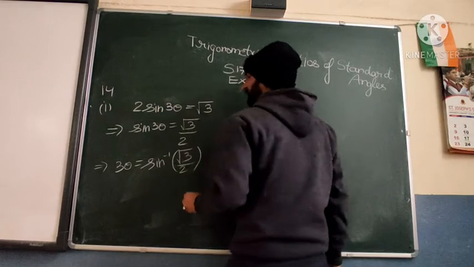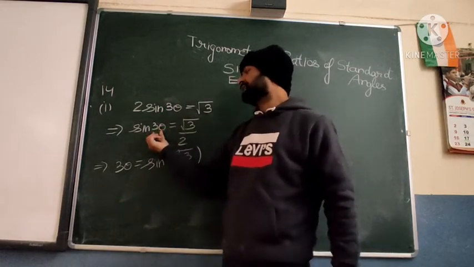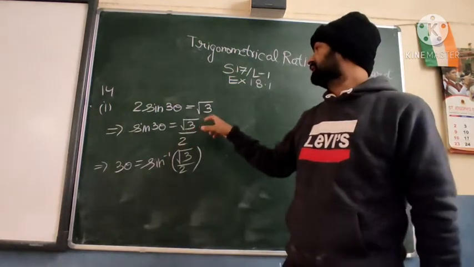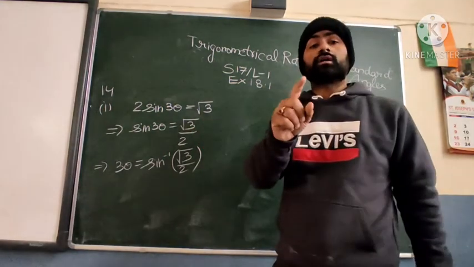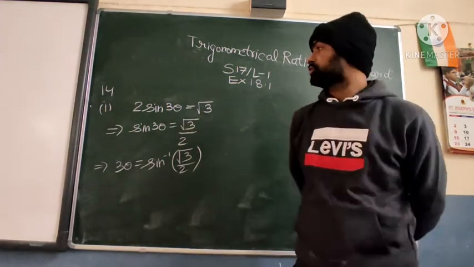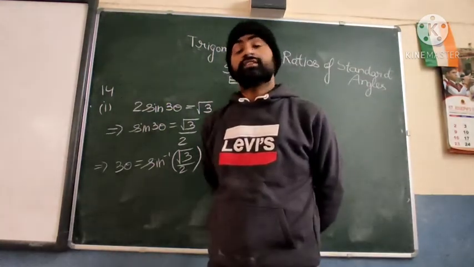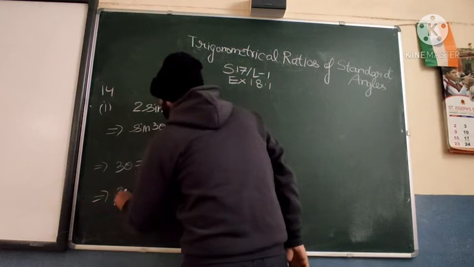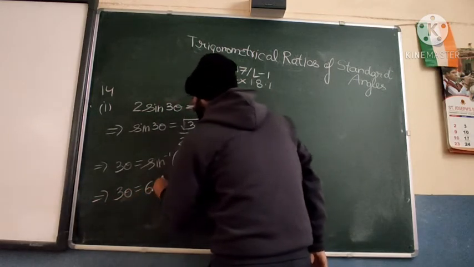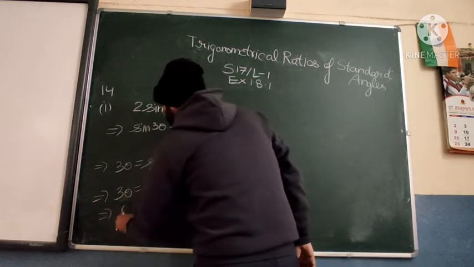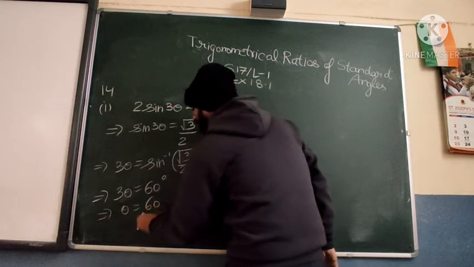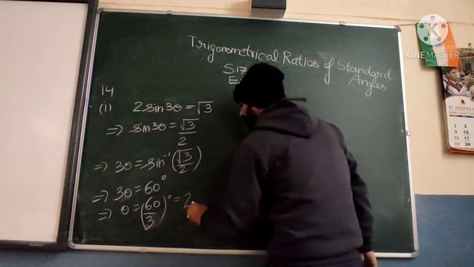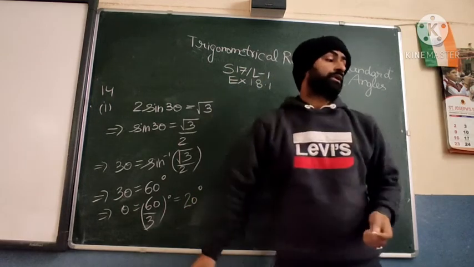And you know that this root 3 by 2 you got in the previous question, question number 11, it was for 60 degree. This implies that 3 theta equals 60 degree. This implies that theta equals 60 by 3 degree, that means 20 degree. The value of theta will be 20 degree.